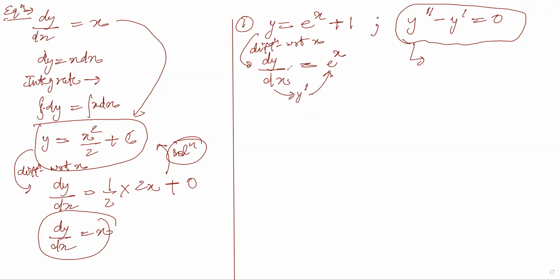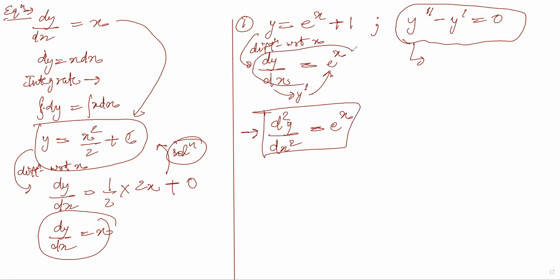Now if we again differentiate it, we'll get d2y by dx square, right? And we will get e to the power x again, because the differentiation of e to the power x is e to the power x. Let's name these equations first and second.